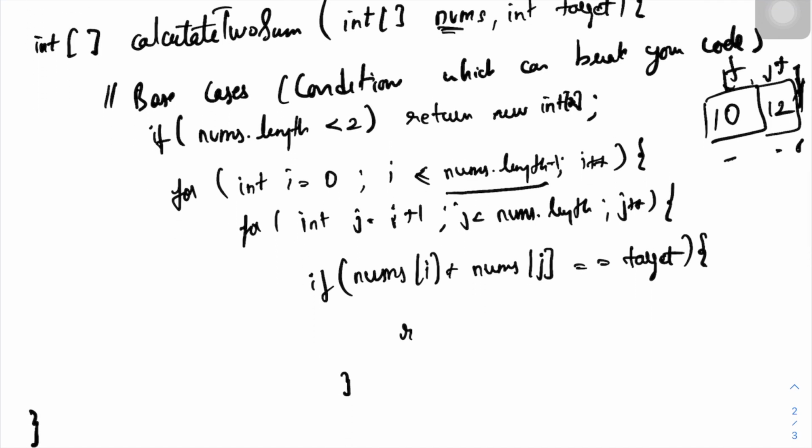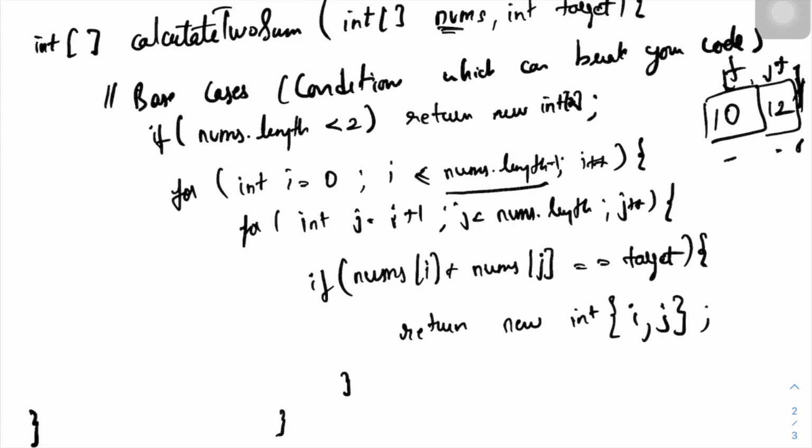If this condition meets, then you can return a new integer array with these values. Here your integer array should not contain the values itself, it should contain the indices. So instead of nums[i] and nums[j], we will be returning i and j. So this is the solution for this for loop.